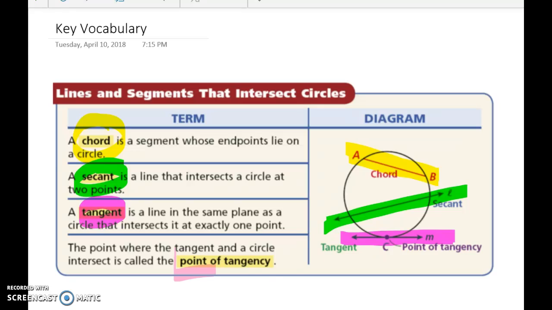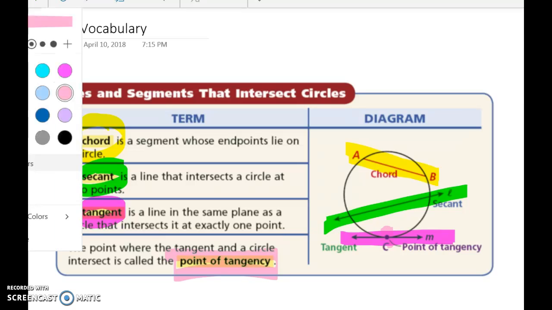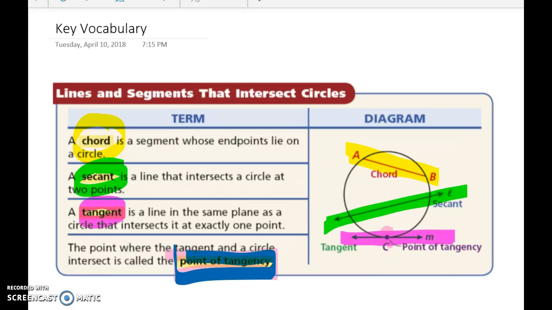And then lastly, the point of tangency is the point where the tangent touches the circle. It's a little bit hard to see, but you guys will make do. So that was the quick recap of vocab.